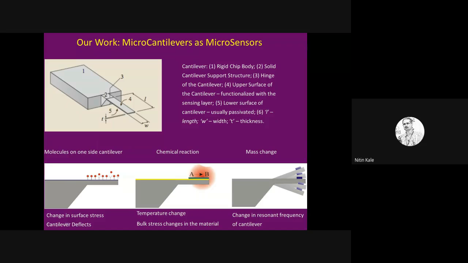Since this material is stuck with this material, and there is a temperature change, and the coefficients of expansion are different for the two materials, the cantilever has no other option but to bend. It can bend upwards or it can bend downwards.